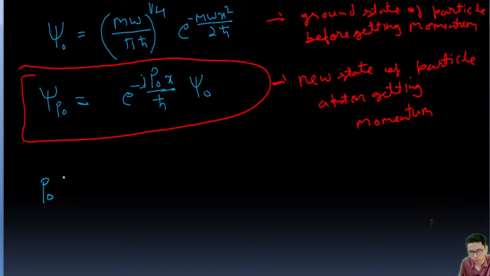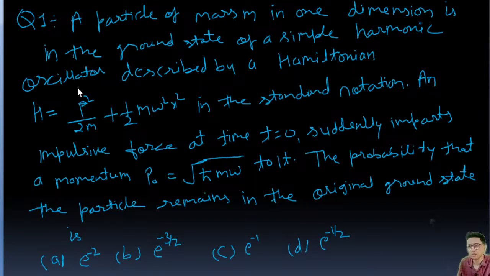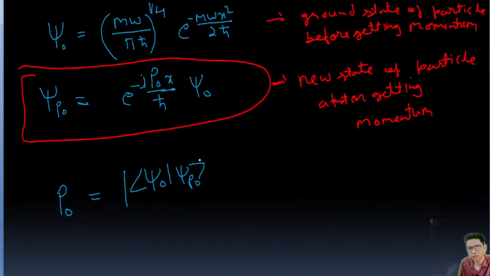P naught value is going to be the simple probability formula, that is mod square of psi naught psi p naught.